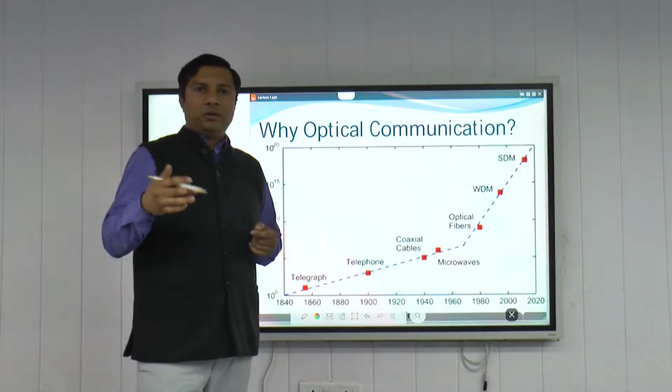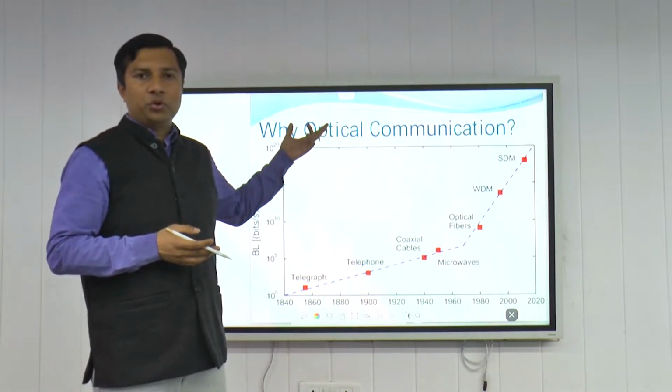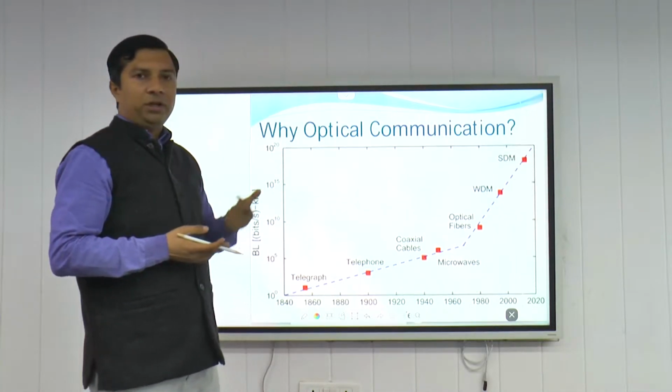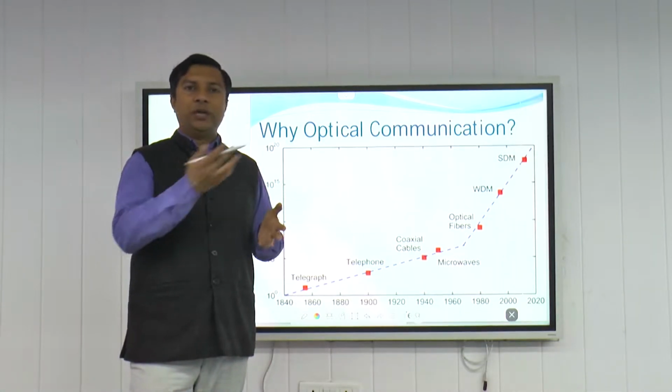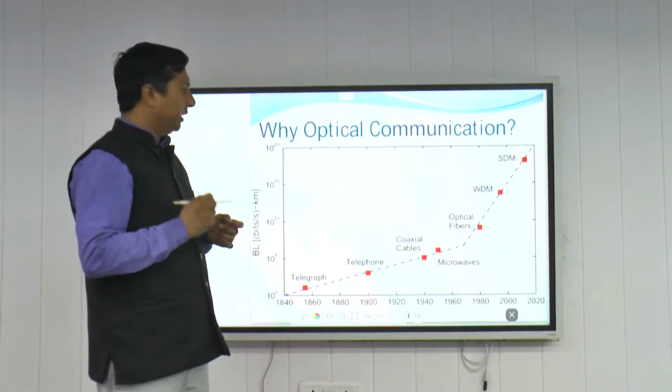Before going ahead, we should know why you should attend this lecture. What is the advantage? Why optical communication? If we have electrical communication, then why are we switching to a new technology? There are two reasons for that.